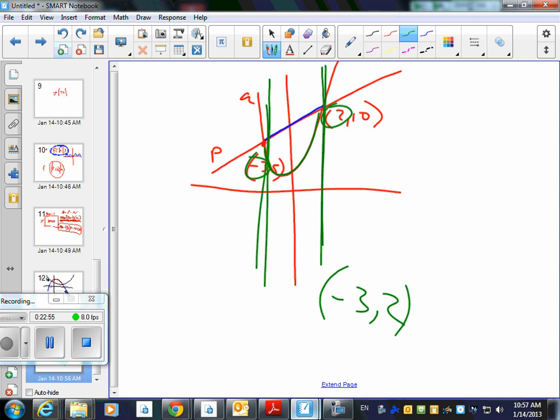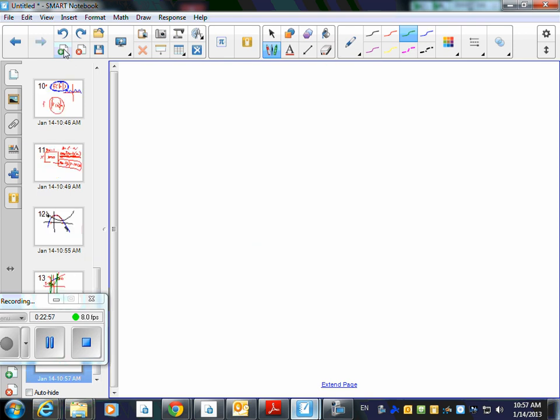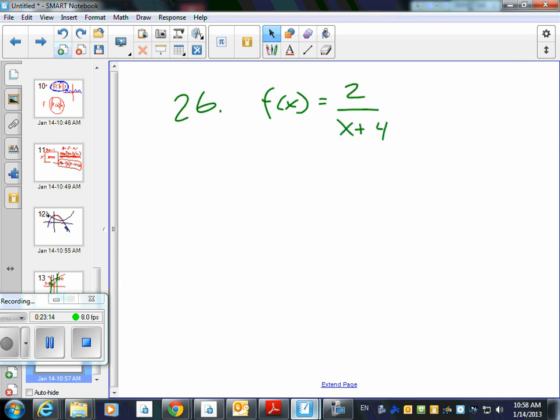All right. Now number 26. So read me 26. Okay. If a function's inverse is a function. All right, read me the functions. Okay. And I want to know if that function has an inverse, which is also a function.